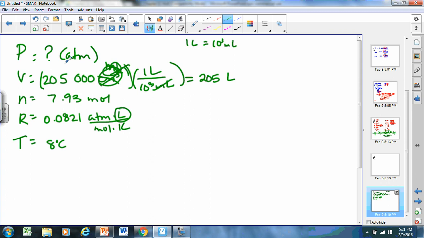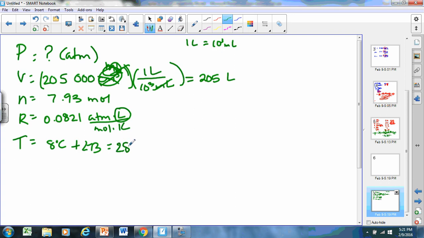So we've converted 205,000 cubic centimeters to 205,000 milliliters, and we've converted milliliters to liters. The last thing we need to do is to add 273 to 8 degrees Celsius, because it has to be in the absolute temperature scale, or Kelvin, or it doesn't work.